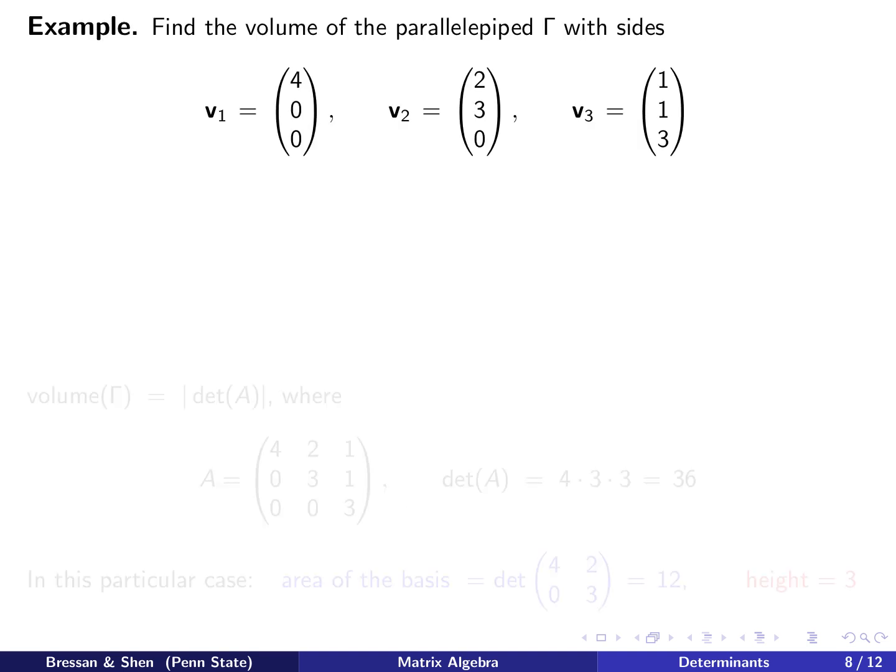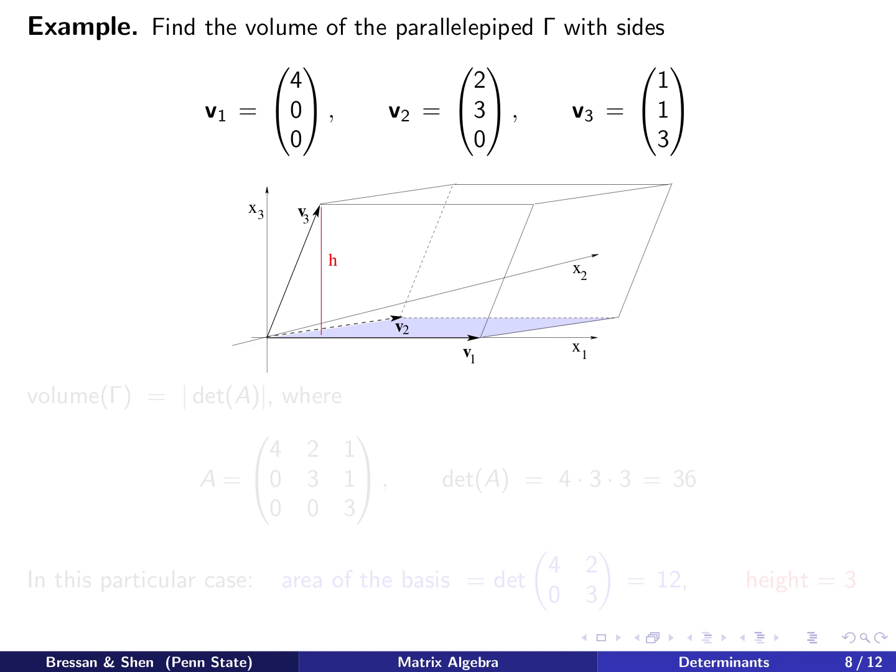Okay, let's take an example. I want to find the volume of the parallelepiped, we call it capital gamma, with the three sides v1, v2, and v3. This is in 3D. Let's draw these vectors in this coordinate system x1, x2, x3, and we find that this is v1, and then v2 will be in the plane formed by x1 and x2 because it has 0 for x3.